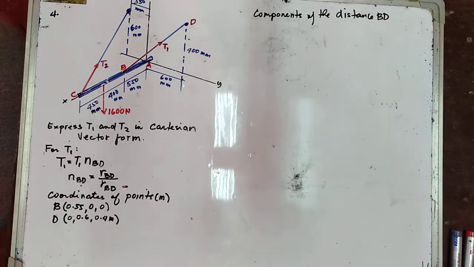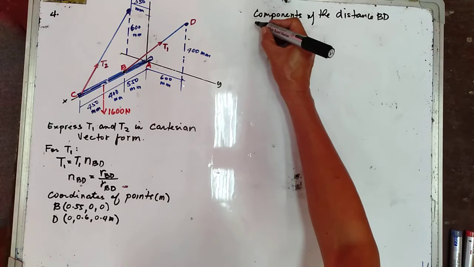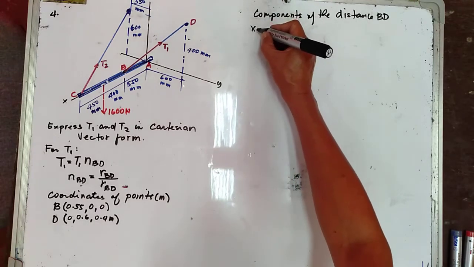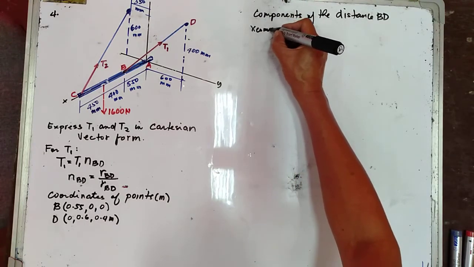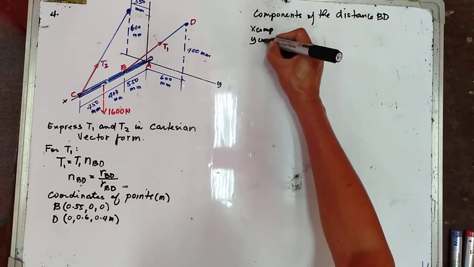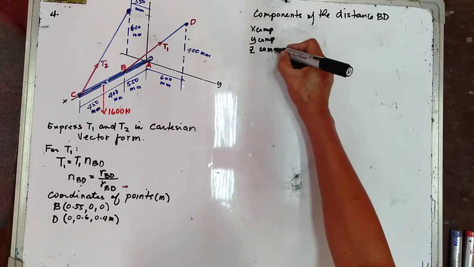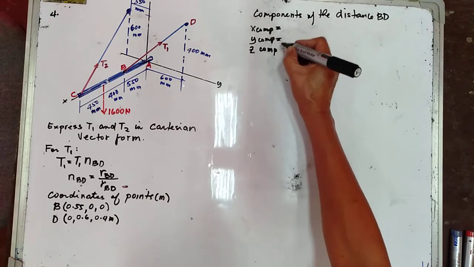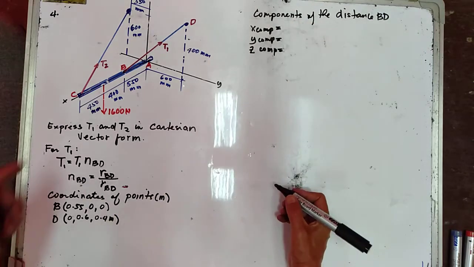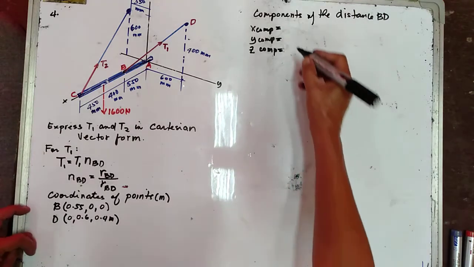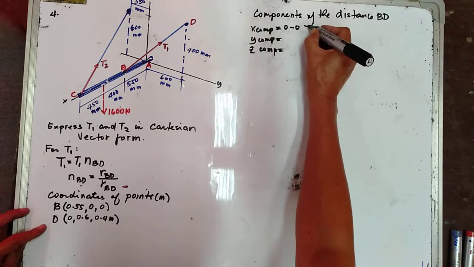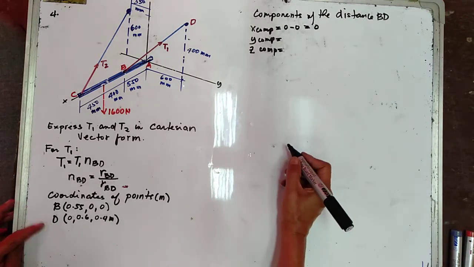So the components of the distance BD, we have your x, we now have your y, and we now have your z. So that is b minus b, so this is equal to 0.